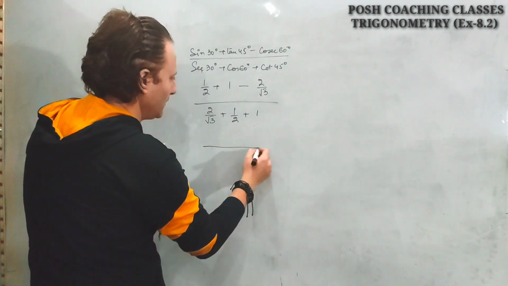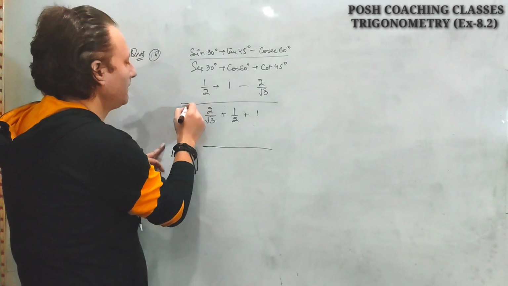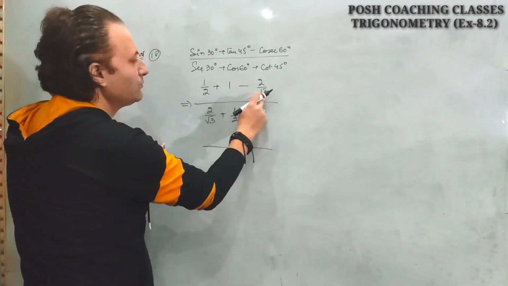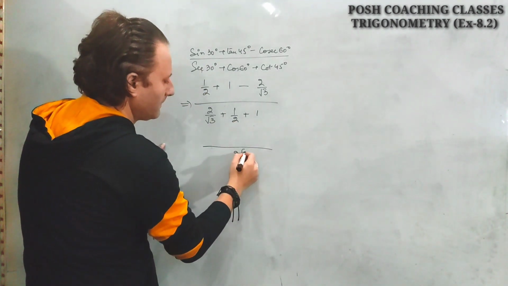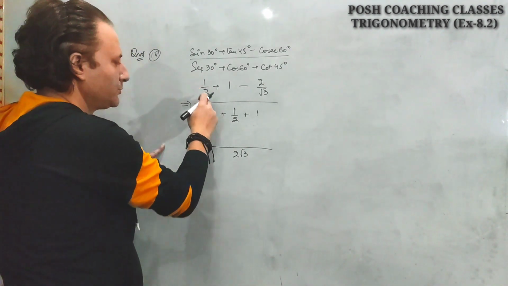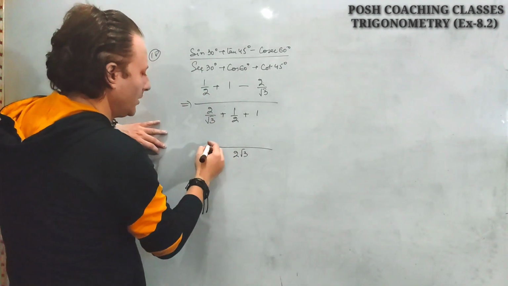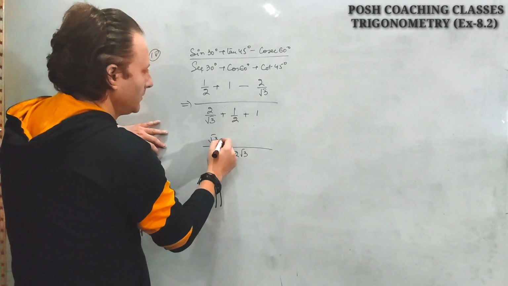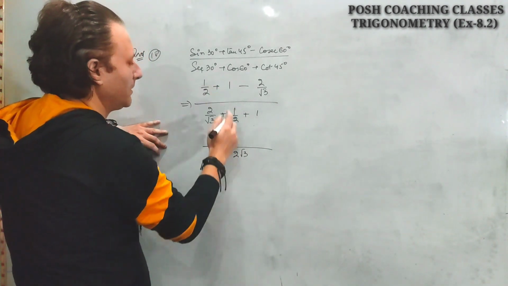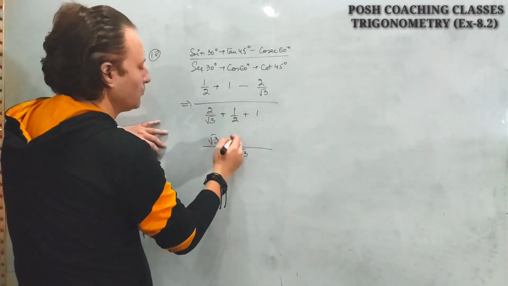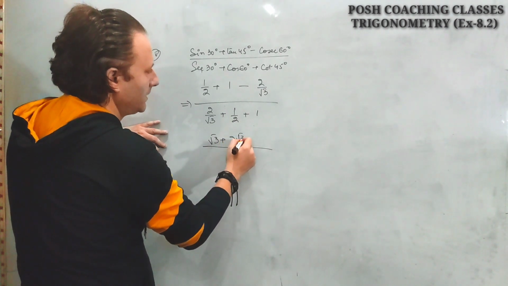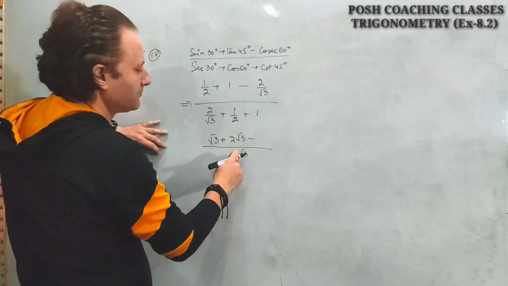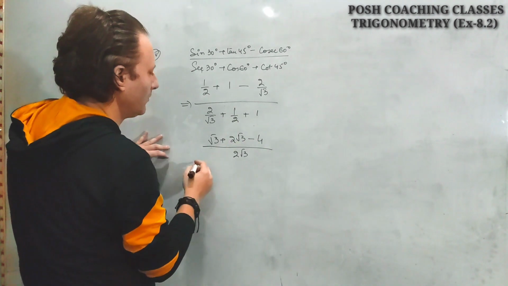So LCM here we have 2 under root 3. If we see here 2 and 2 gone, 2 under root 3 into 1 is under root 3. We don't have a denominator here, straight away multiply. So 2 under root 3 into 1 is 2 under root 3 minus under root 3 gone, 2 multiplied by 2 is 4.